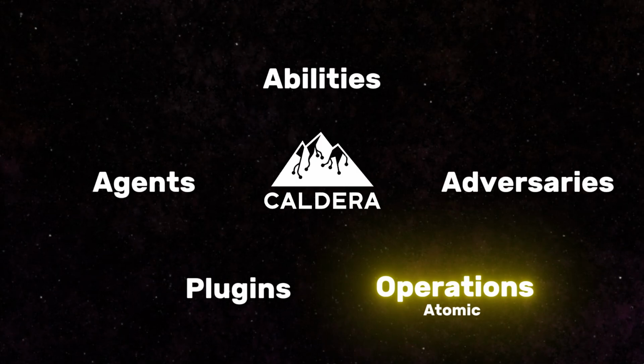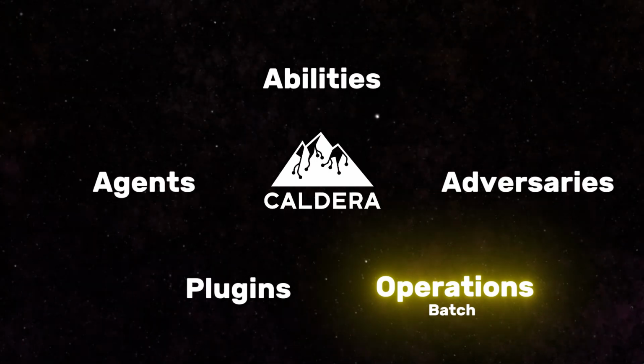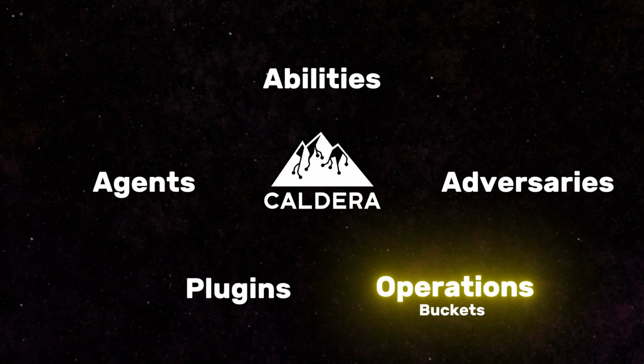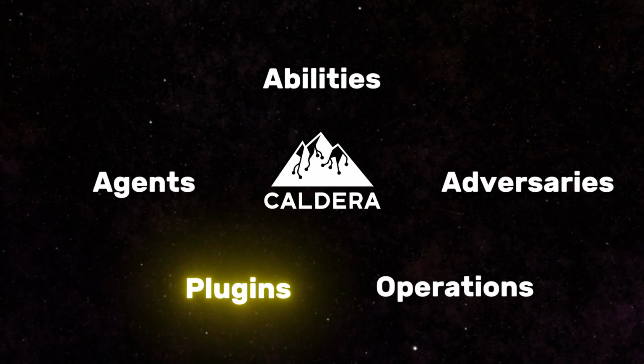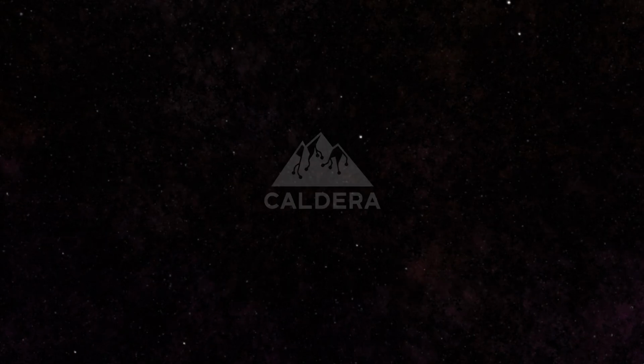If you choose the batch option, all abilities will execute at once. And lastly, if you choose buckets, abilities will be grouped and executed by their attack tactic. And then lastly, plugins. Plugins just provide additional functionality over the core usage. Right, now that we understand Caldera's core terminology, let's see the tool in action.